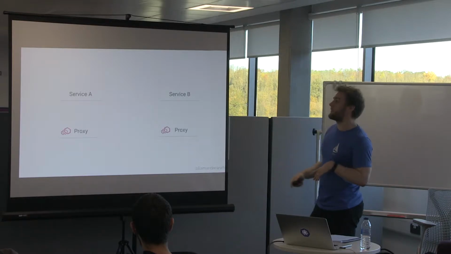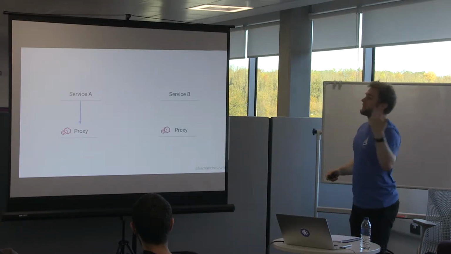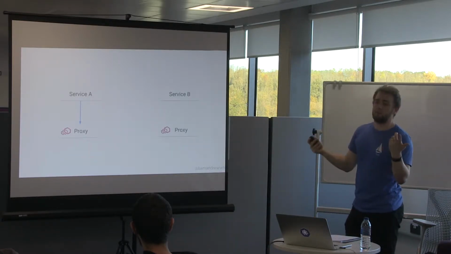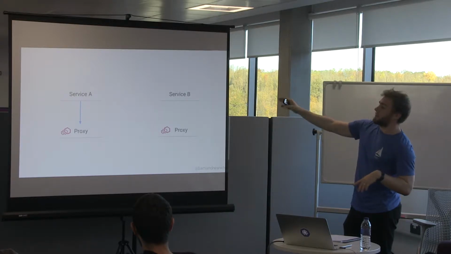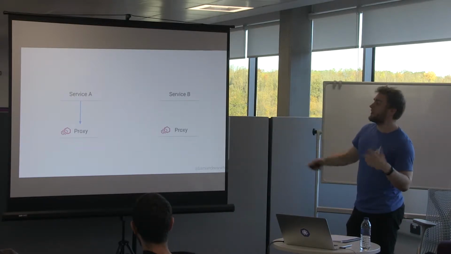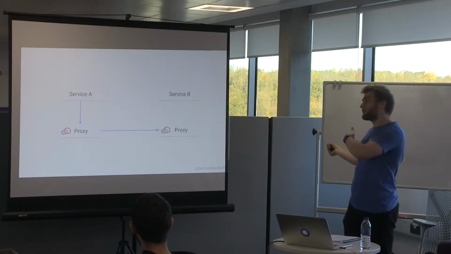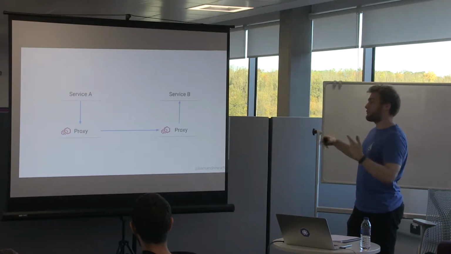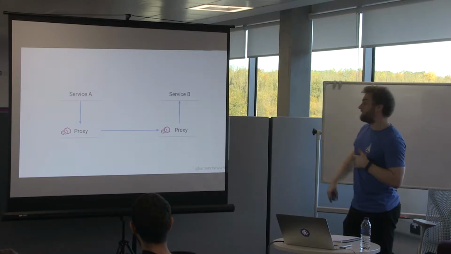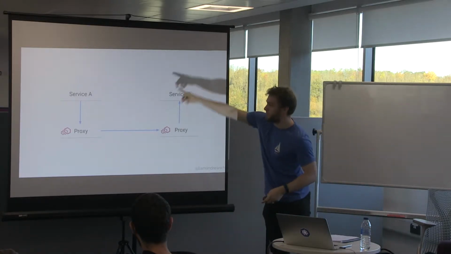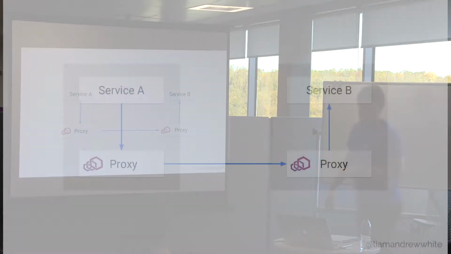This stuff is being intercepted. When it makes a request that it thinks is going out to service B, we reroute the request through the proxy. That proxy then proxies the request onto another proxy, and that will then forward the request onto service B, right? And this here is typically going to be a pod boundary in Kubernetes.